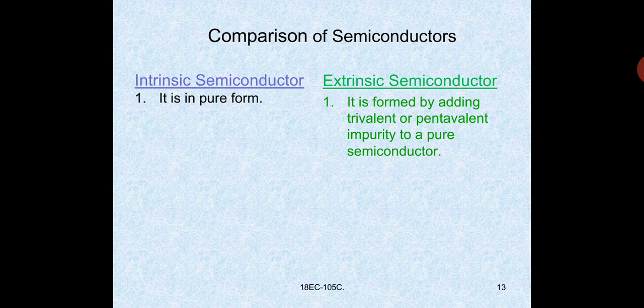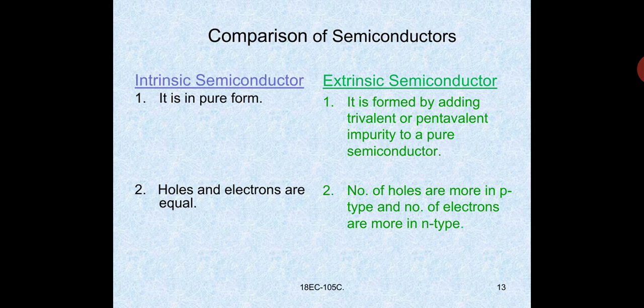It is formed by adding trivalent or pentavalent impurity to a pure semiconductor, making it an impure one. That is referred to as an extrinsic semiconductor. Next, holes and electrons are equal in a pure semiconductor. Then what about the extrinsic semiconductor? Here the number of holes is more in a p-type material and the number of electrons is more in an n-type material.